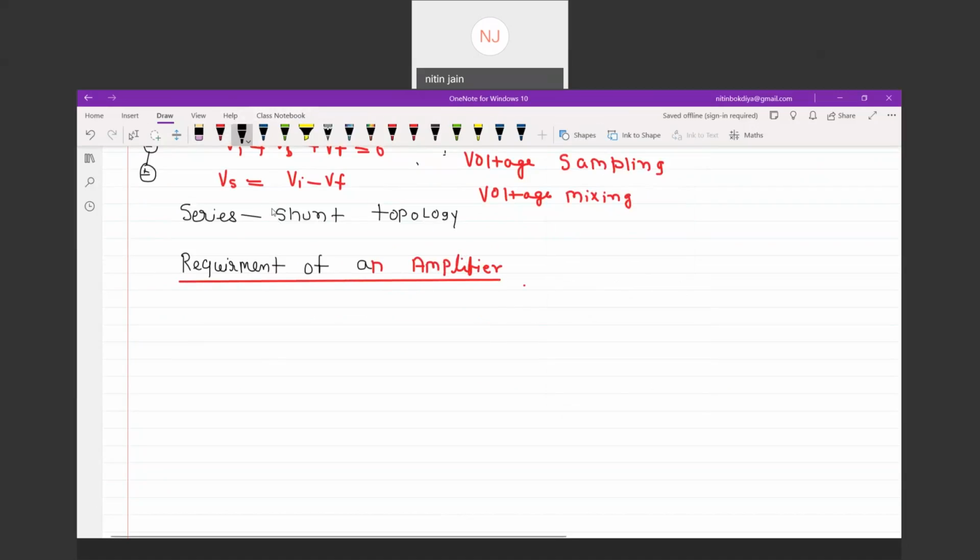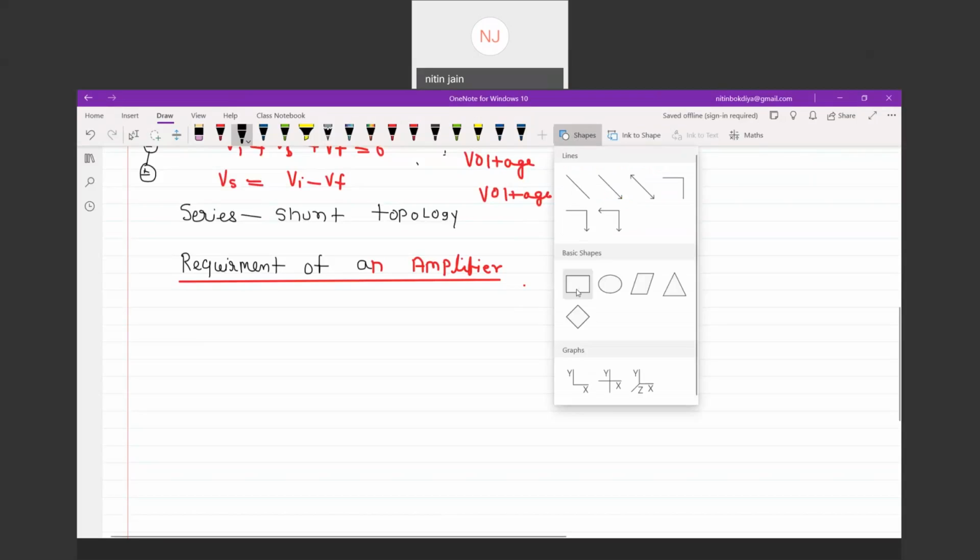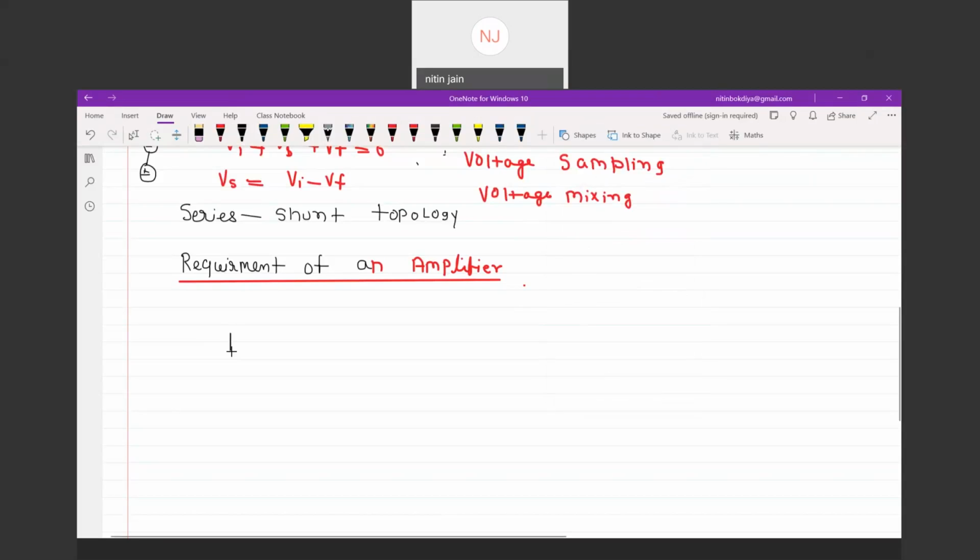I can say there are 4 types of amplifier. The first type of amplifier is a voltage amplifier.